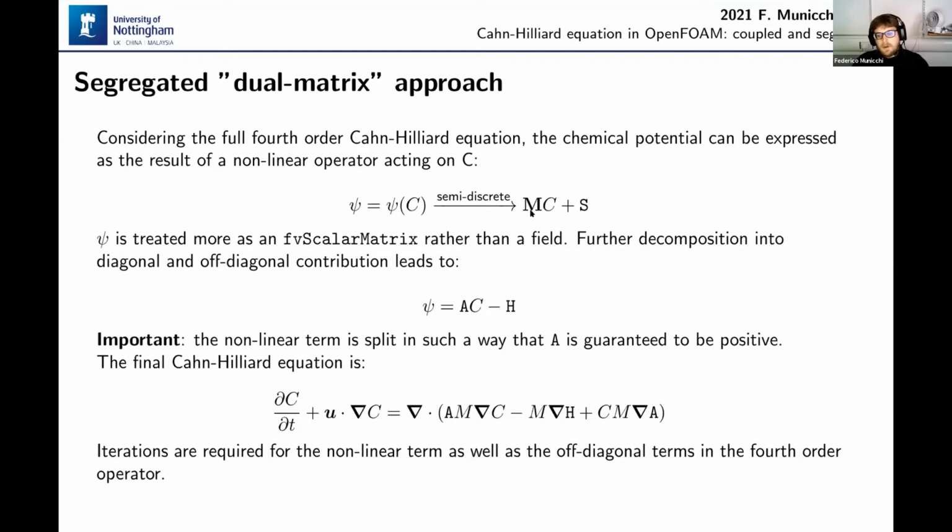And then from this, I perform the classic A and H decomposition that OpenFOAM is using continuously. So A is just the vector containing the diagonal elements of the matrix M, and H contains the product of the off-diagonal terms with the C vector.